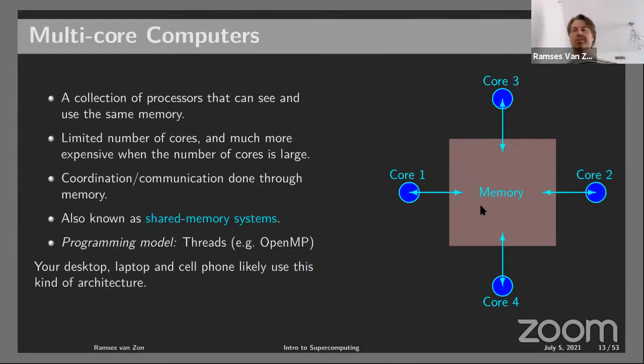That sounds like a much nicer way because you don't have to communicate, it would seem, but you are. The cores are now communicating through memory. And there are some tricky things there too, because you want to make sure that different cores aren't stepping on each other's toes, basically writing to the same memory location at the same time. So there are other disadvantages here too, but it is a nice model because you don't have to think about the divisions of your data too much.